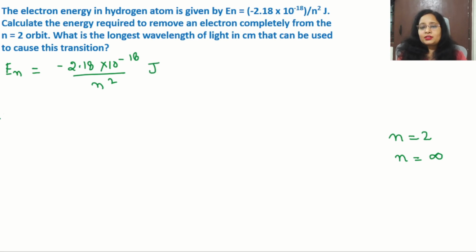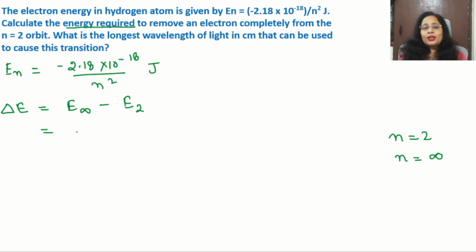Now using this, as we know, delta E, the energy required, is equal to E infinity minus E2, because we need the infinity position and the orbit number 2. So the energy in between these two levels is the delta E we are going to calculate, the energy required.